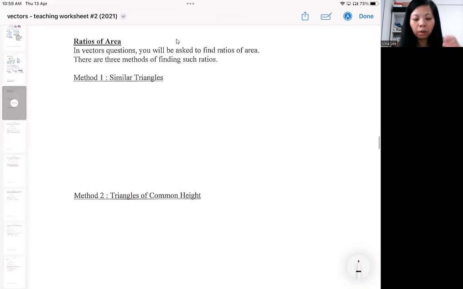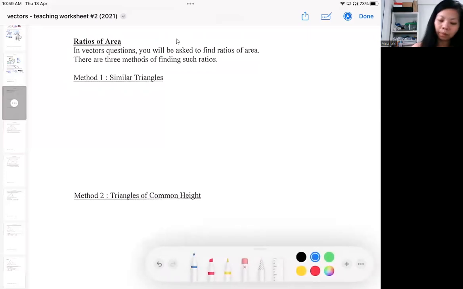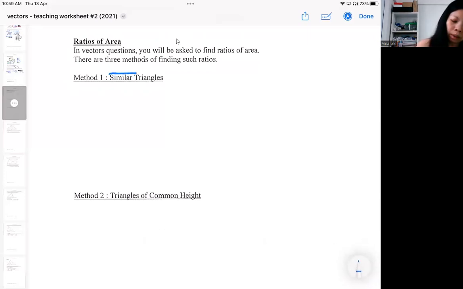I'll stick to the basic idea of method one and method two. When you're finding ratios of area, the main method will be similar triangles. So we'll try looking out for similar triangles.